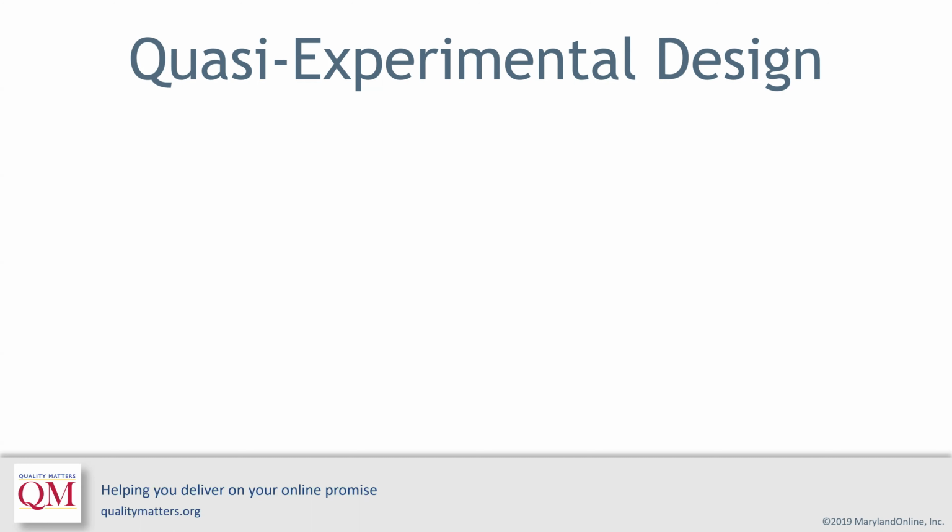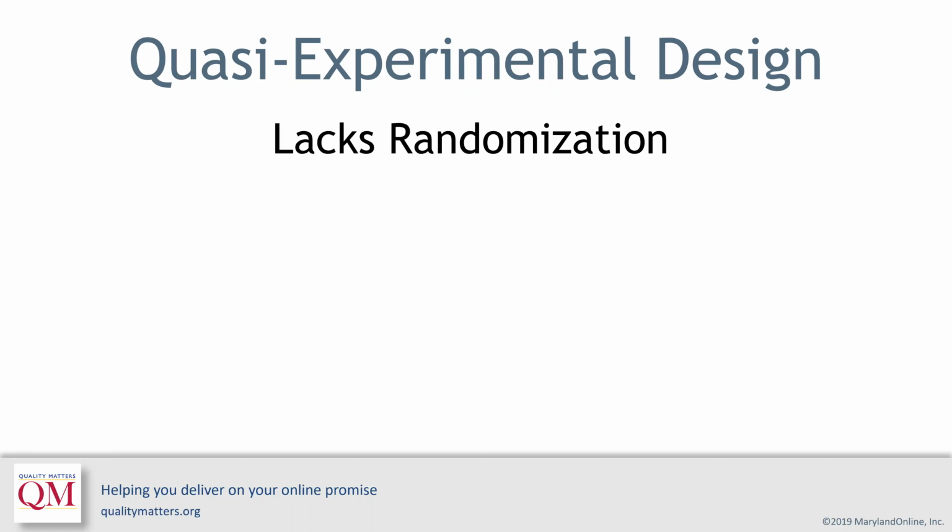So from the outside, at first glance, you might say that looks like a randomized experiment, but then when you look a little closer, you realize it lacks randomization. In educational research, we often use pre-existing groups, and that would be an example of a quasi-experimental design.